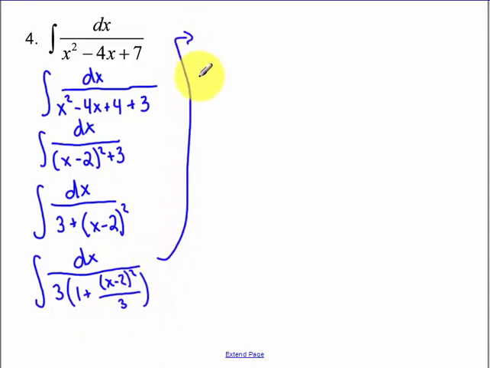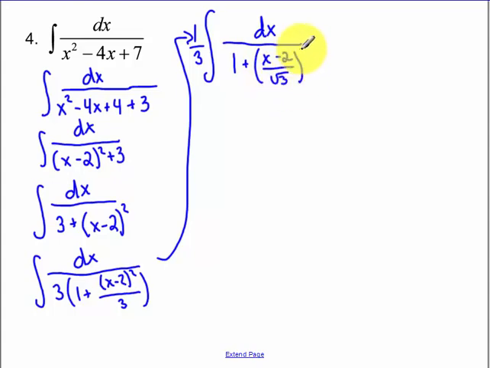Now, going up here, again, the same trick as before. I'm going to bring the 1/3 out in front. One plus x minus 2 over root 3 squared.